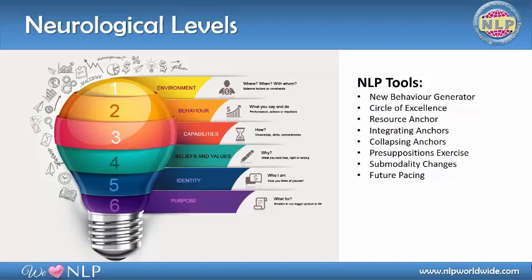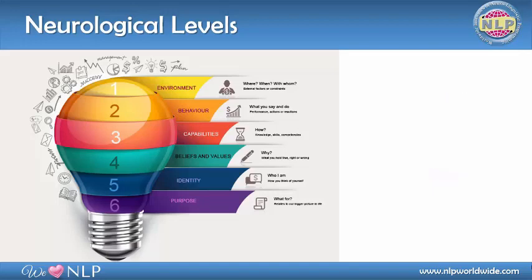And if you're not yet NLP trained, come learn. Some of the tools for the behavior level are new behavior generator, circle of excellence, resource anchors, integrating anchors, collapsing anchors, presuppositions exercise, some modality changes, and future pacing. And this will all help us tap into the different behaviors that we can have, create new behaviors, model different behaviors, change them, enhance them, do more of those different behaviors or new behaviors that we want.